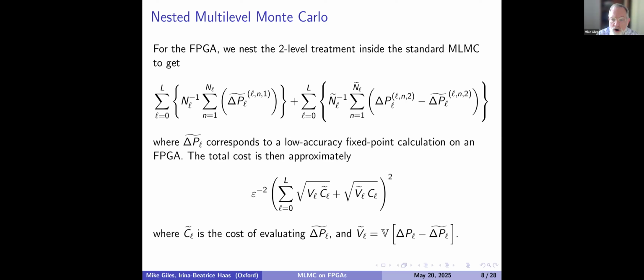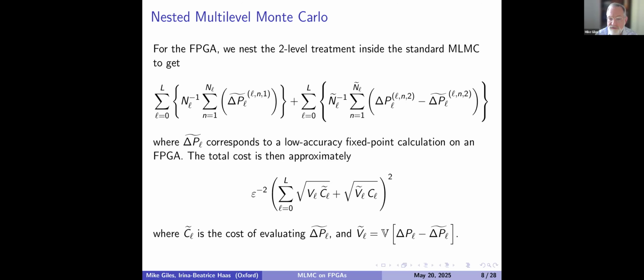In the context of the FPGA, this is really a critical slide to look at. What we are doing is using nested multi-level, in which we nest the two-level treatment inside the standard multi-level. So what we have here is a sum over levels, which corresponds to the number of time steps.